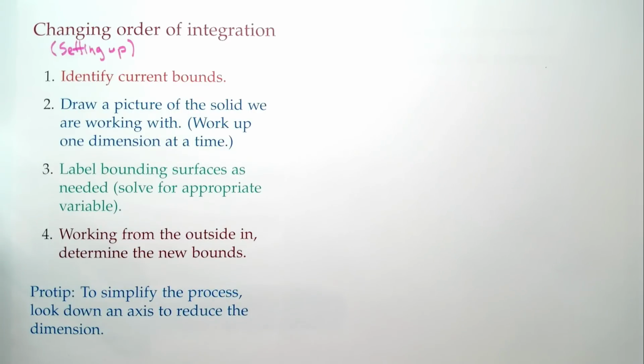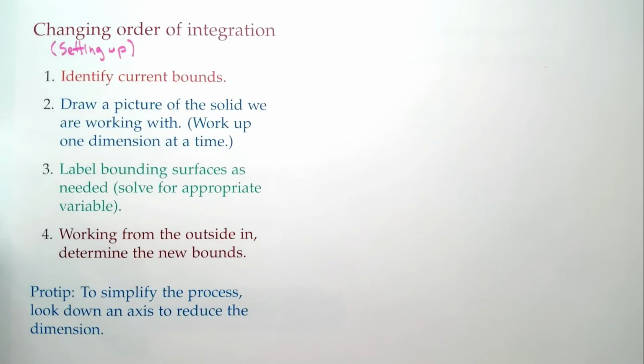Now the next step is to label the bounding surfaces. So this was the same idea as before. Maybe we said, okay, I'm in the xy plane and I have this curve, say y equals e to the x. Well, I could also write it as x equals e to the y. So instead of writing this as a surface z equals some function of x and y, maybe I should write it as x equals some function of y and z.